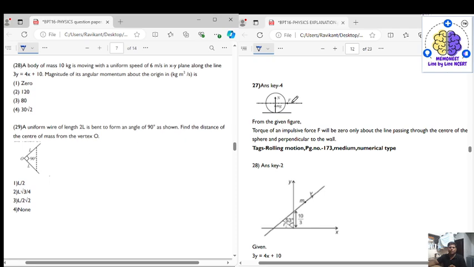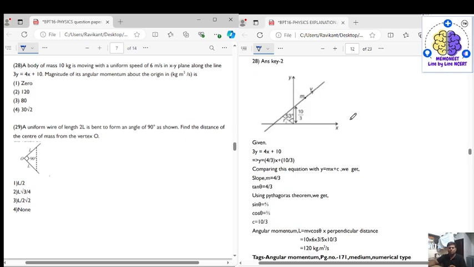Now coming to question number 28. A body of mass 10 kg is moving with a uniform speed of 6 meters per second in an xy plane along the given line. The magnitude of its angular momentum about the origin is?